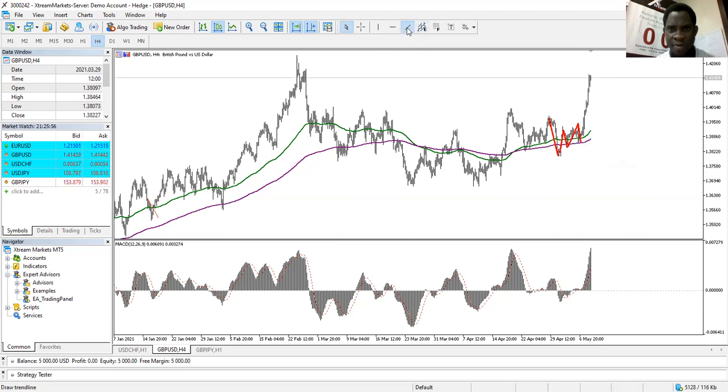Then you have another one like this. Then all things being equal, you might have another one possibly like this, and then you might have it like this again to continue.